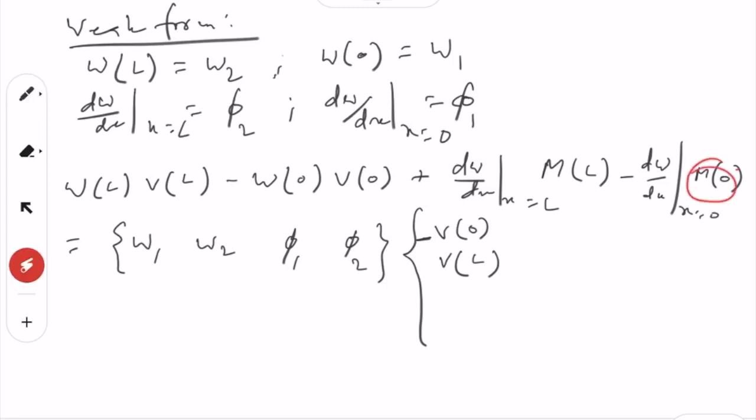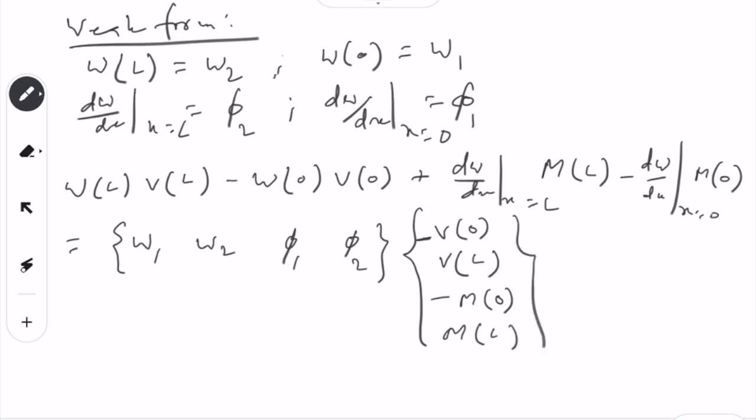Then we have this M at 0 minus M at 0, and then we have M at L, like this. So this we got like this. Okay, so let's write this as 1. So this we got as equation 1.